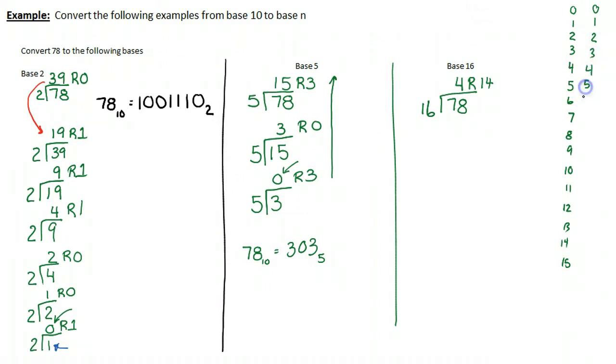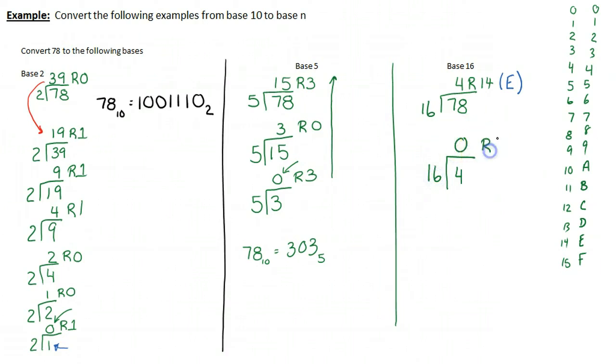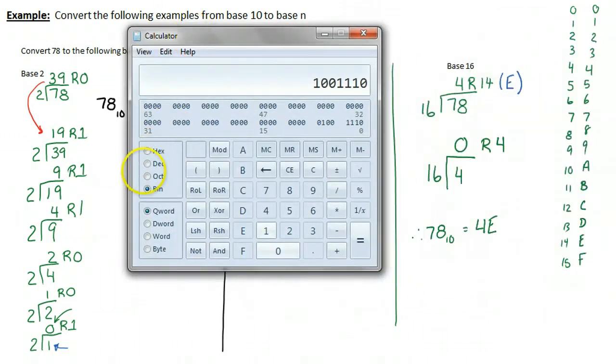So 0 to 9 doesn't change, but when we hit 10, we go A, B, C, D, E, F. So for 14, when I write out the hexadecimal number, I simply write the letter E. Now I'm going to take 4 and divide that by 16. So 16 goes into 4 0 times, and the remainder is obviously 4. So therefore, 78 in base 10 is 4E. And the nice thing about the calculator is we can check that. So decimal is 78, hexadecimal is 4E, and I'm done.